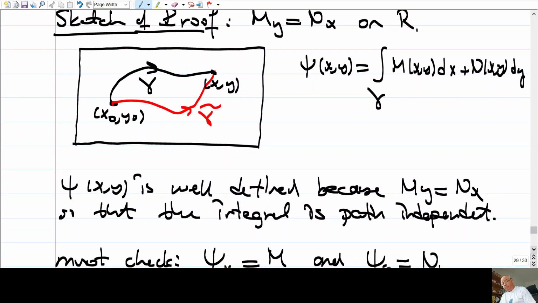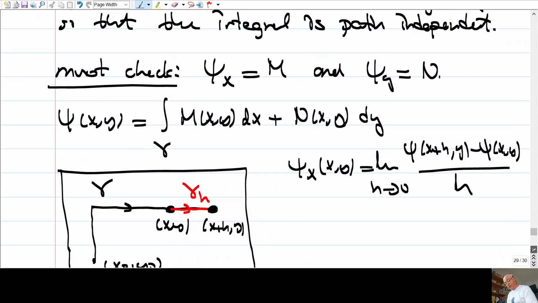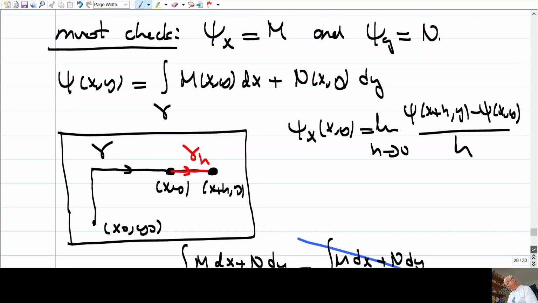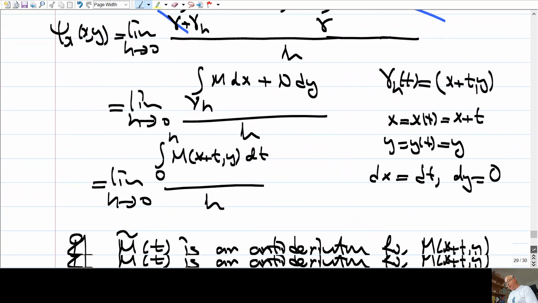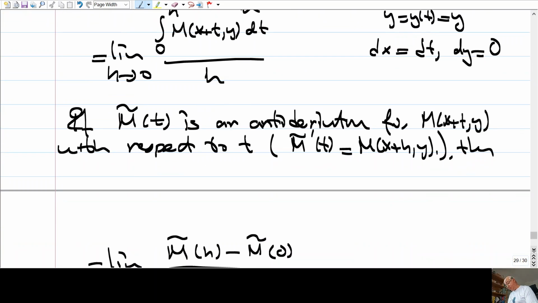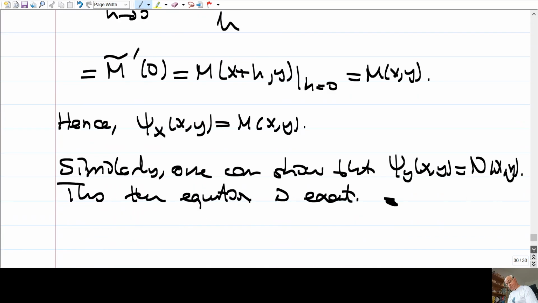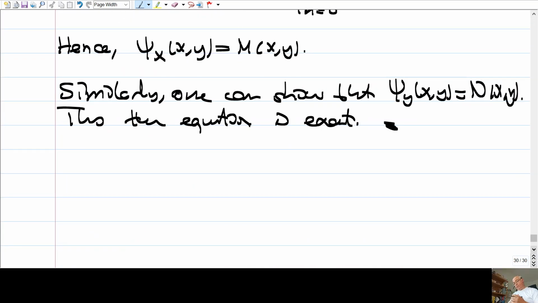Once it is path independent, then I can choose the path any way I like to compute the partial derivatives, and I choose it this way, and that gives me the result I am after. Okay, so any questions so far? This is basically advanced calculus. You have seen most of this in advanced calculus. Just a simple application of that.